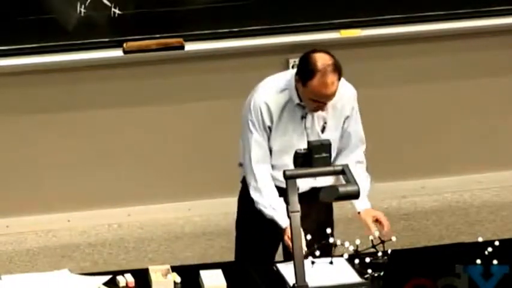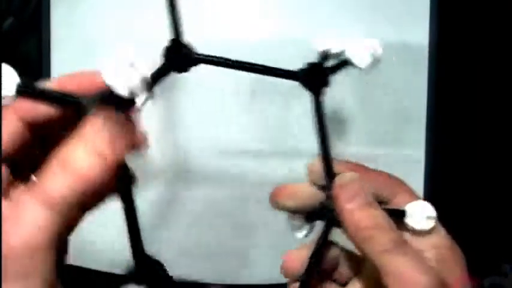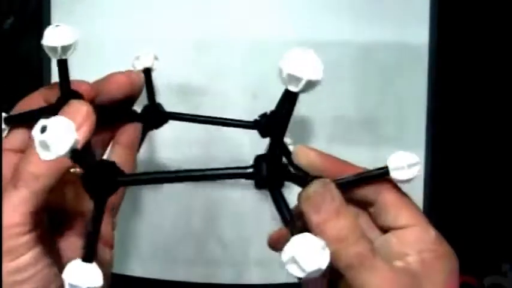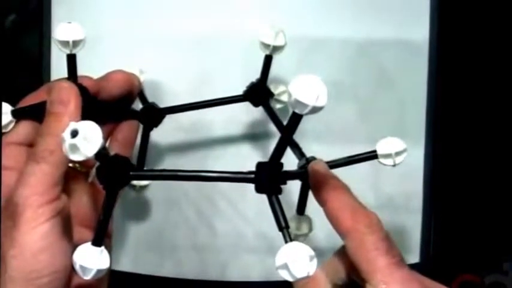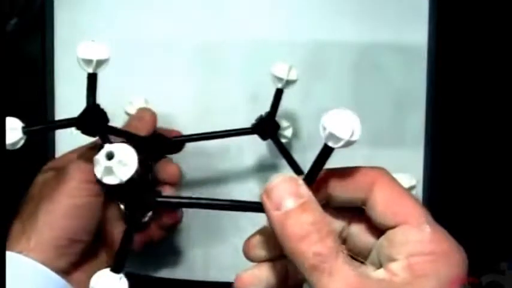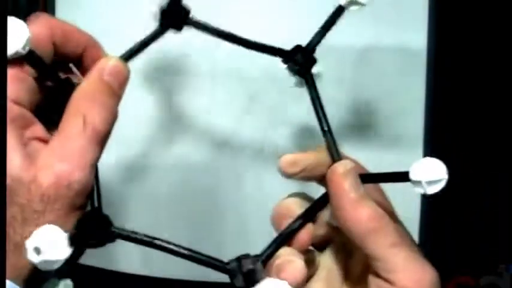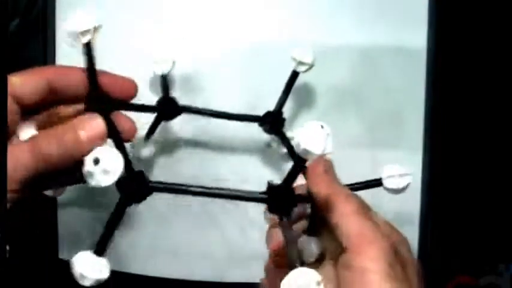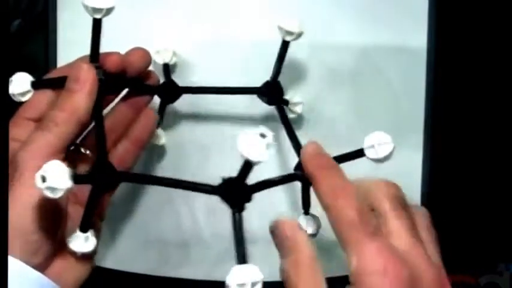Interesting, there's another transformation that can take place that's actually more common amongst these. This is the one sitting down, and this is the one sticking up in the chair form, but I can do another twist like that, and one of the ones that was on the corners is now sticking down.